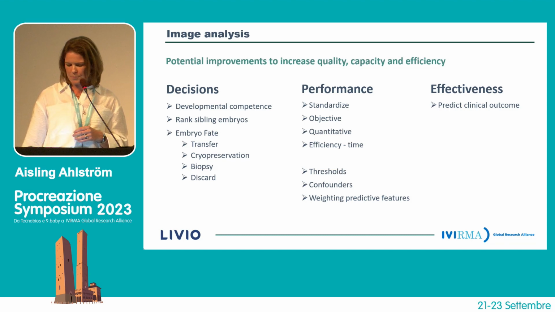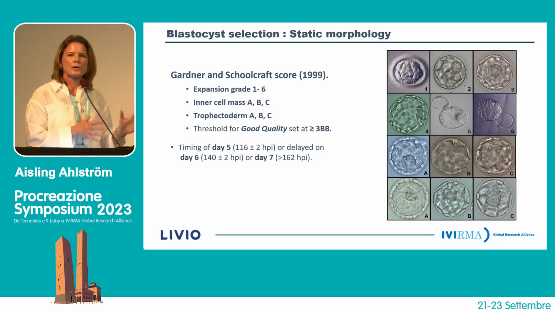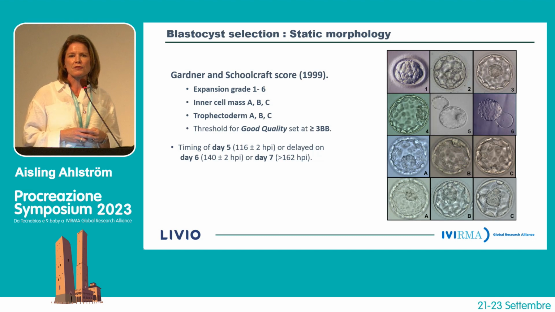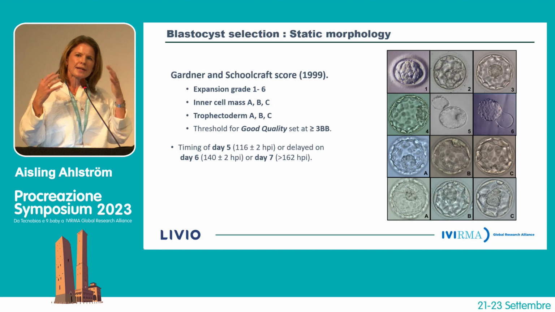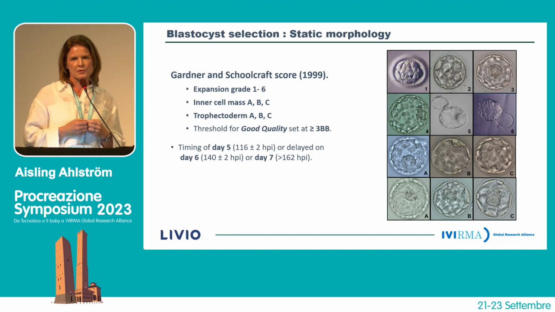So I think we're all familiar with the Gardner score. It's well established in many clinics internationally, and it's probably well established because it works quite well. We know from a lot of data in many clinics that if you grade these three parameters, you can pretty much rank the order in which your blastocysts will implant, from high to low chance.